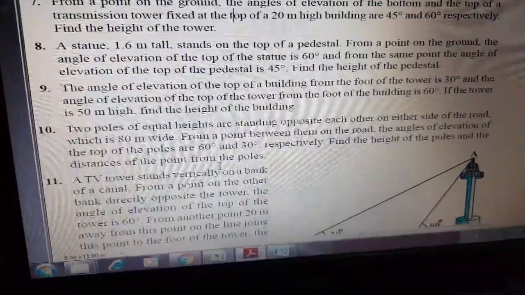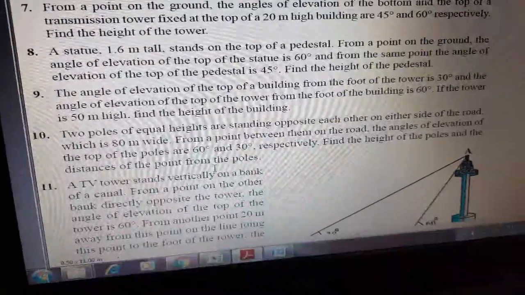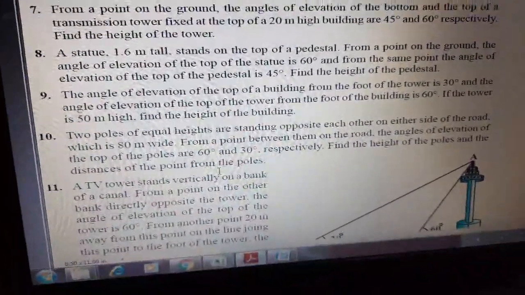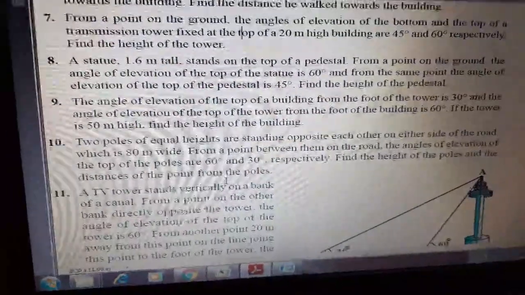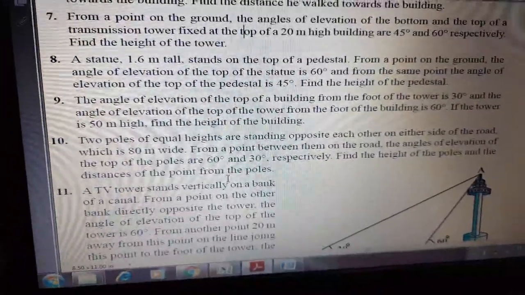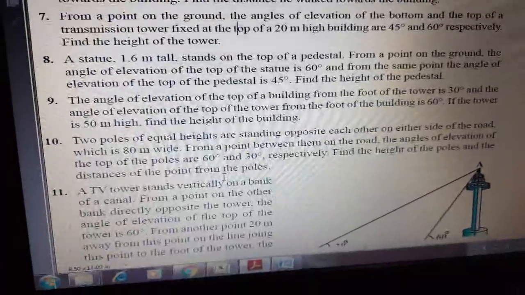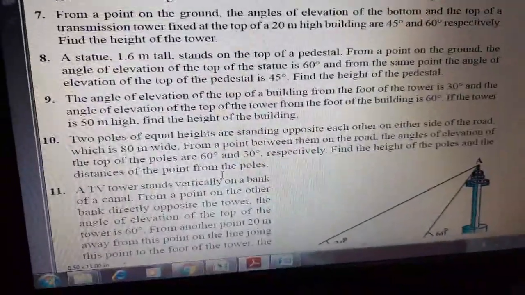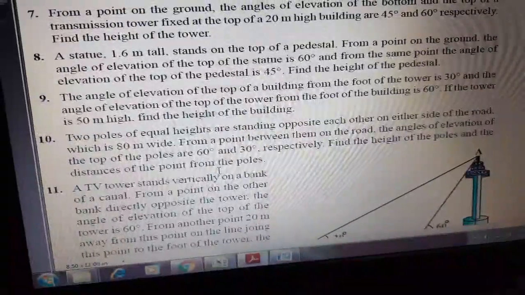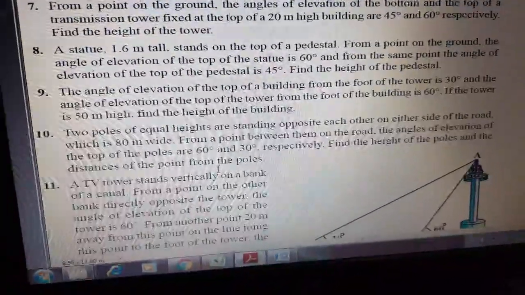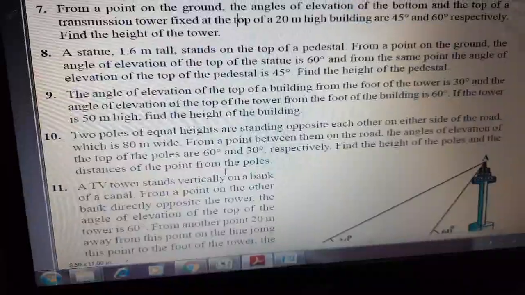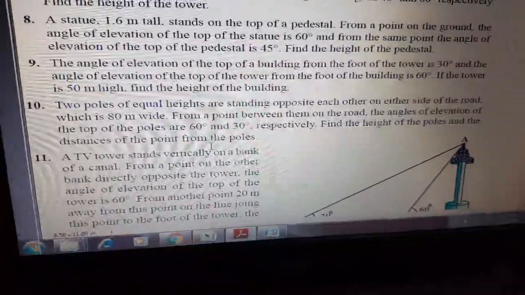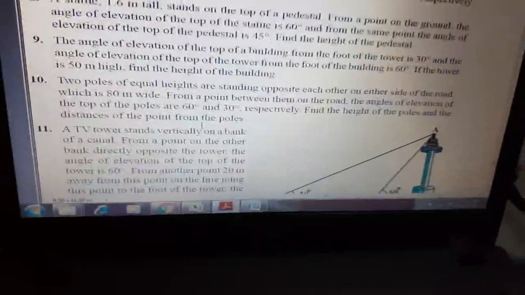As the point moves away from the foot of the tower or building or pole, the angle of elevation will decrease. So the pole which is near the point will have an angle of elevation of 60 degree, and the pole which is far from the point will have 30 degree. According to this, first we will draw the diagram.